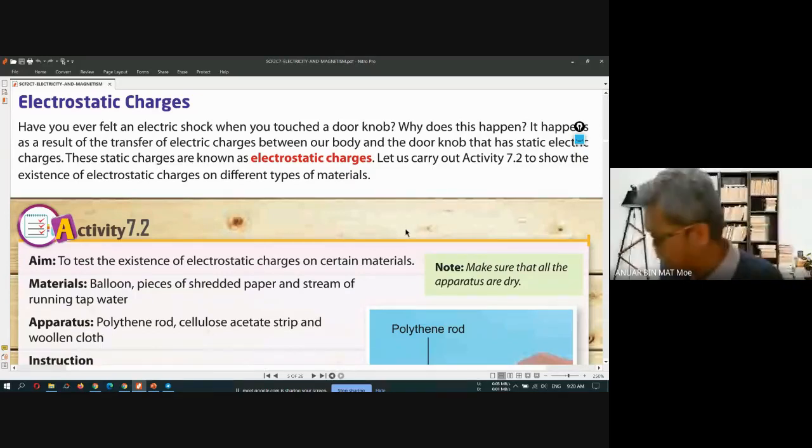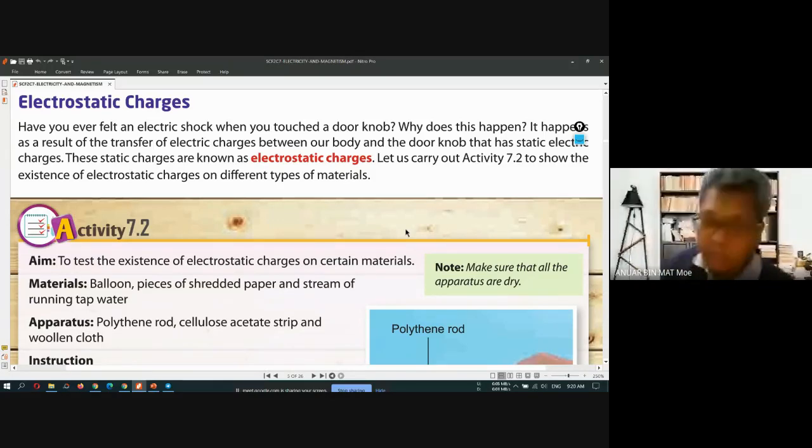We learned that yesterday. So for example, electricity is one of the types of energy in the world. The other types of energy are the sun, geothermal, water, biomass, fossil fuel, radioactive, wave, and wind. I already covered that yesterday.